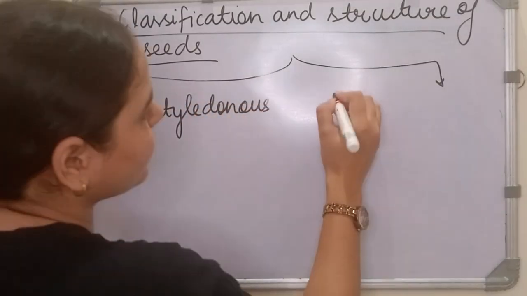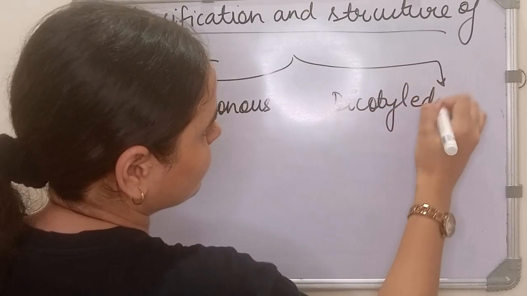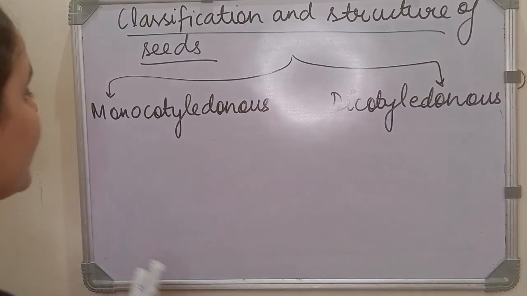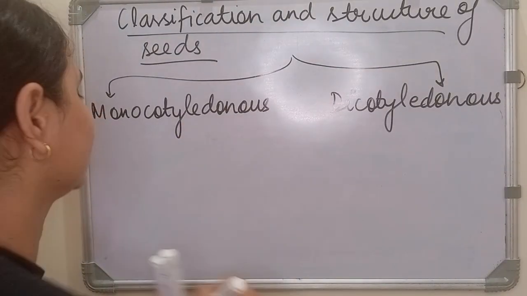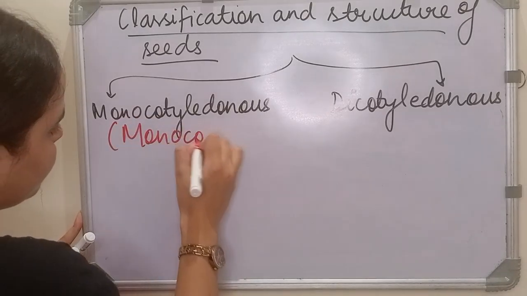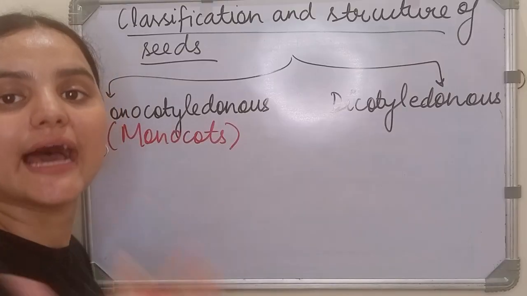The monocotyledonous seeds are also known as monocots, and the dicotyledonous seeds are also known as dicots.